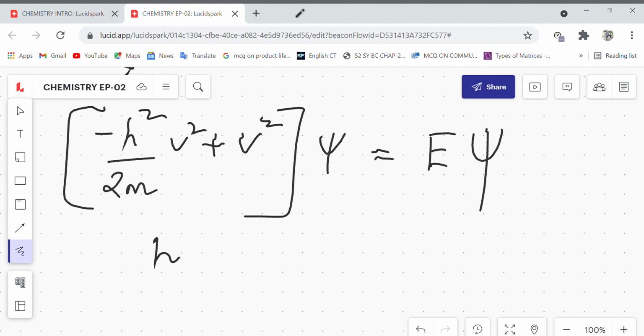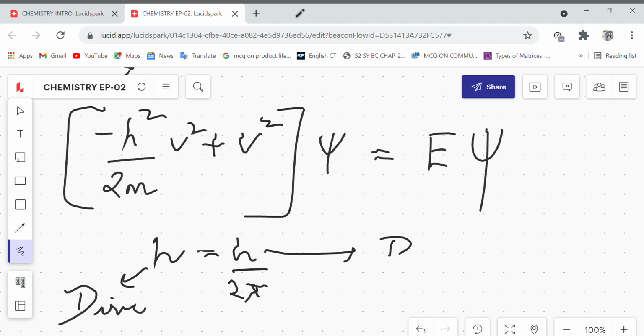So h bar can be written as h by 2 pi, and it is also called Dirac, D-I-R-A-C.